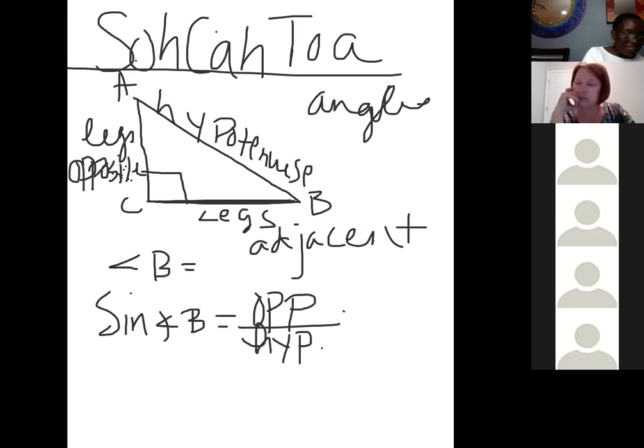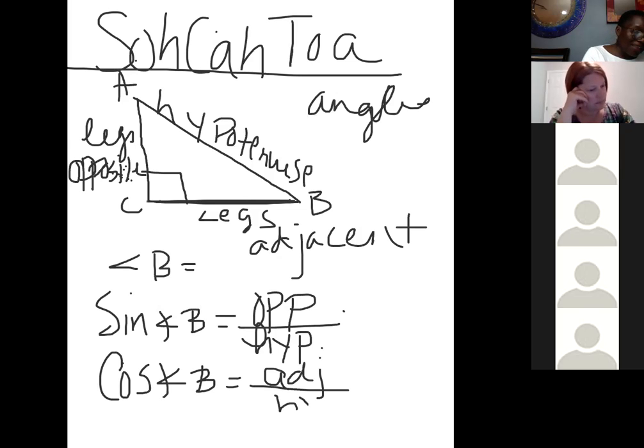Next, we have C. Now, C stands for cosine. Cosine of B would be the length of the adjacent side over the length of the hypotenuse.